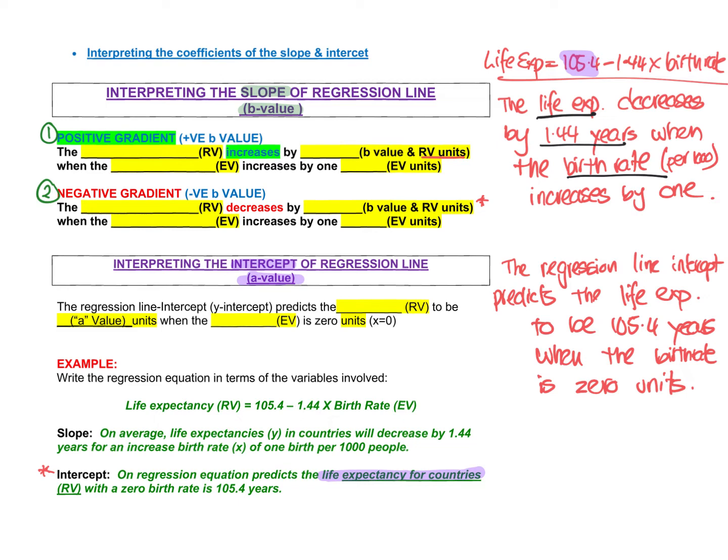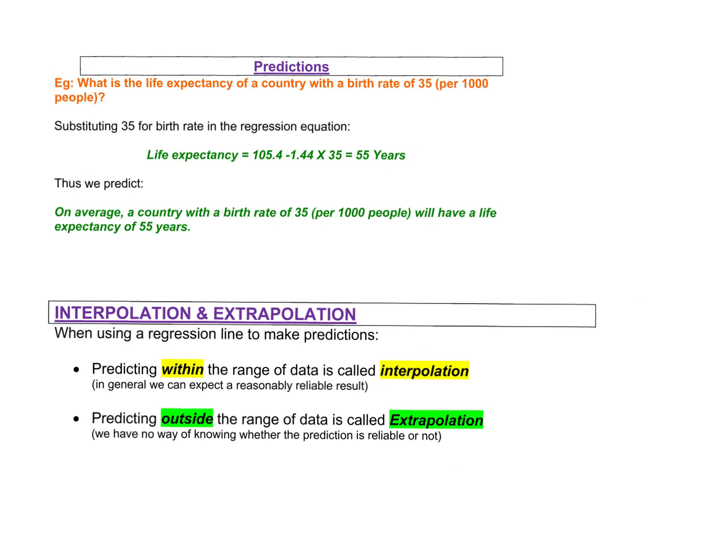So it sort of makes sense. If you think of heavily populated countries, like India and China and that, their life expectancies aren't as much. So then you might investigate why that is. We're just saying there's a correlation. We're not saying it causes it.